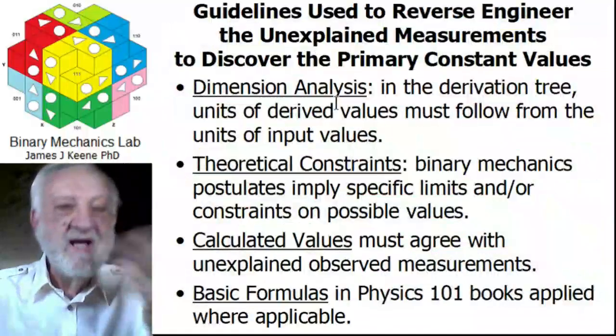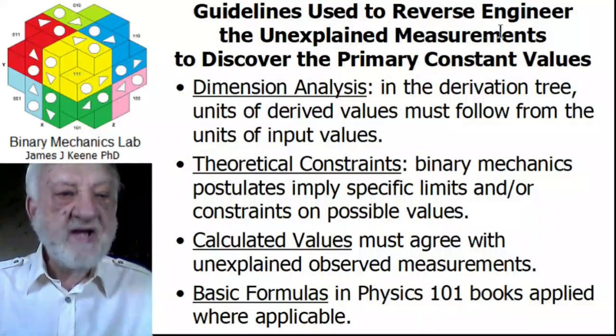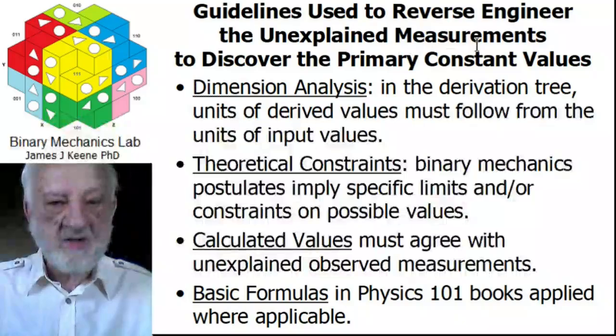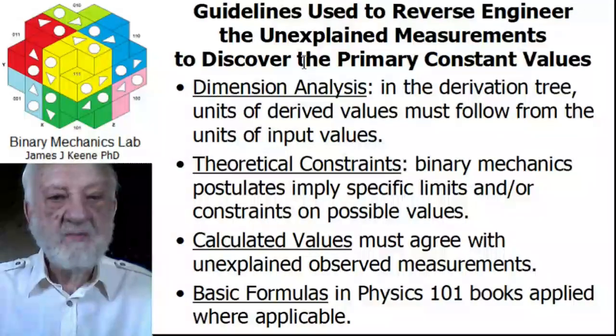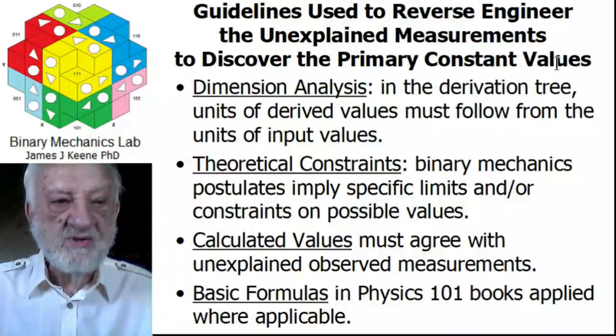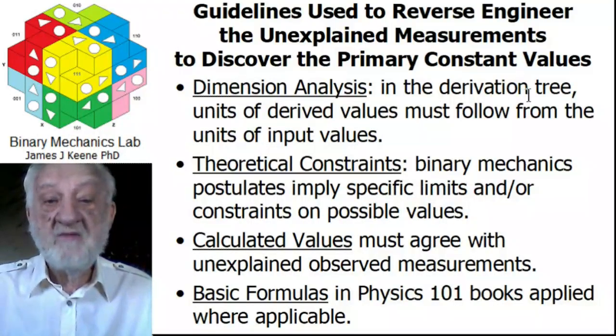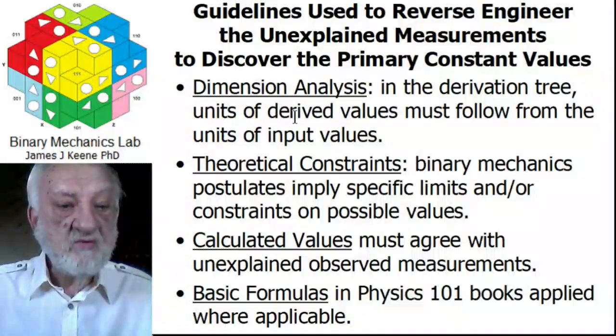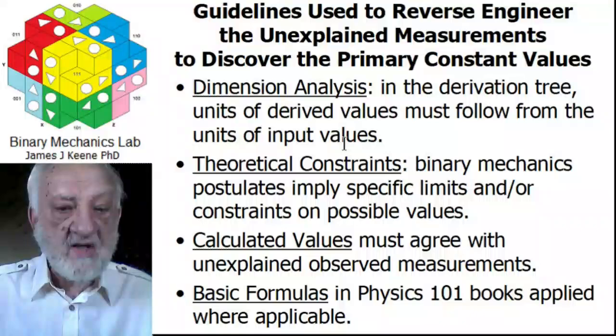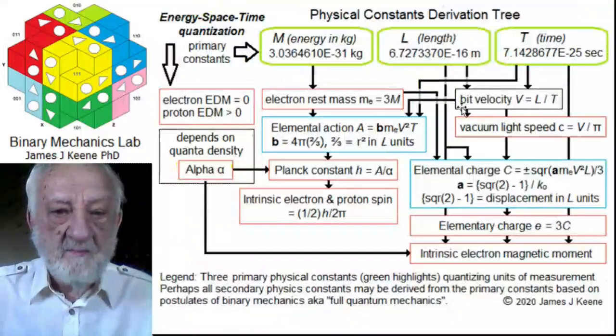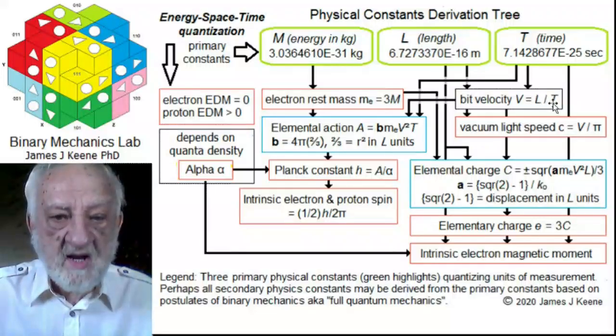We use certain guidelines to reverse engineer the unexplained measurements to discover the primary constant values. First, we use dimensional analysis. In the derivation tree, units of derived values must follow from the units of input values. For example, bit velocity has the units of length divided by time.